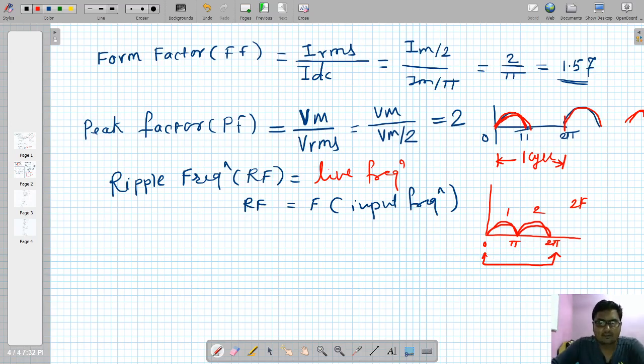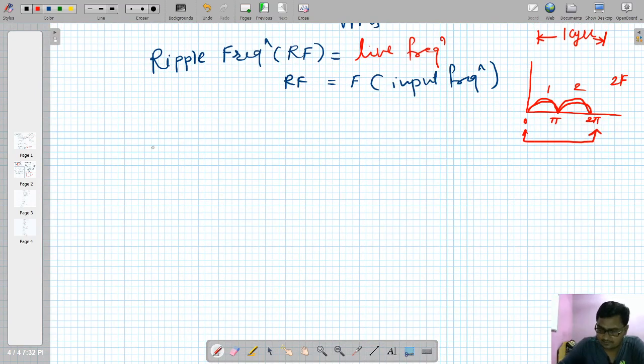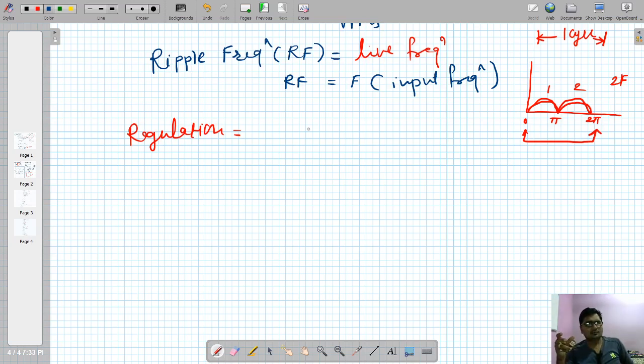Now we will see another parameter, that is regulation. Let me write regulation. Regulation is how much stability there is in the output voltage, maybe voltage or current. It is how the output voltage changes with respect to some parameters. For example, if the output voltage changes when I change the input voltage, then it's bad regulation.